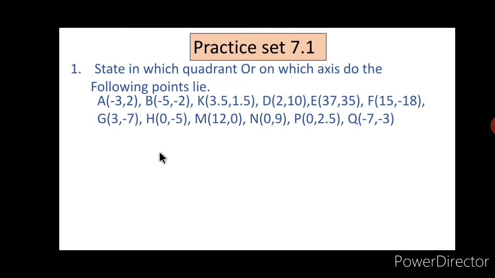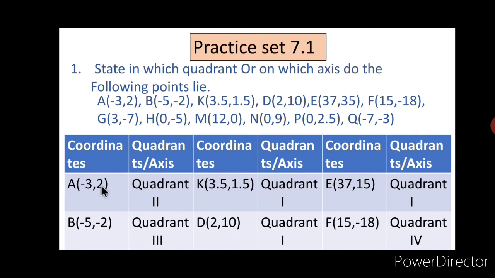The points are A. The x coordinate of point A is negative and the y coordinate of point A is positive. Therefore, this point A lie in the second quadrant.